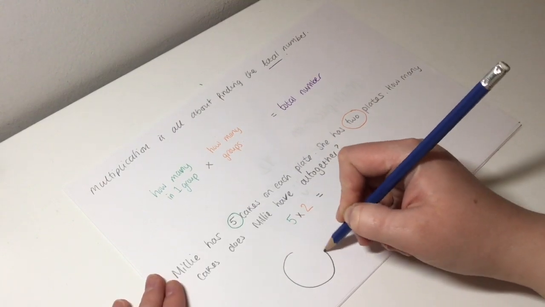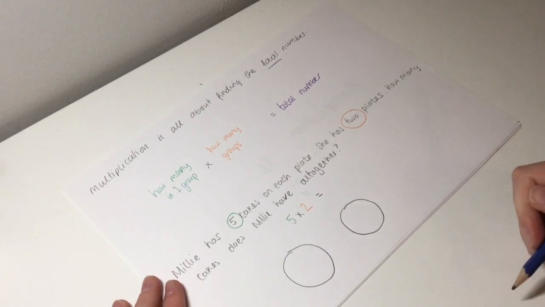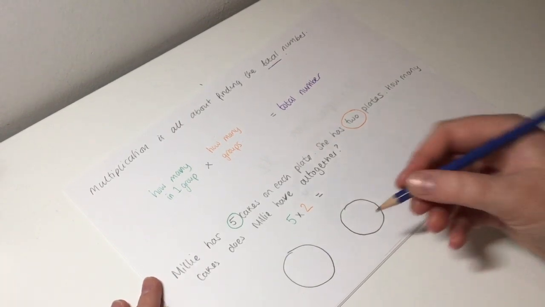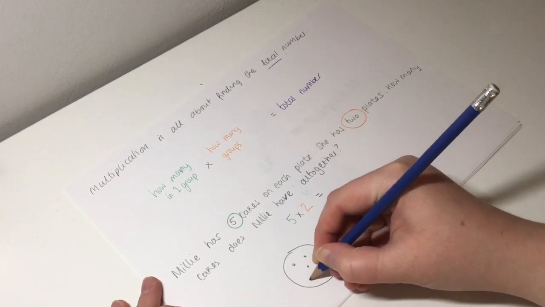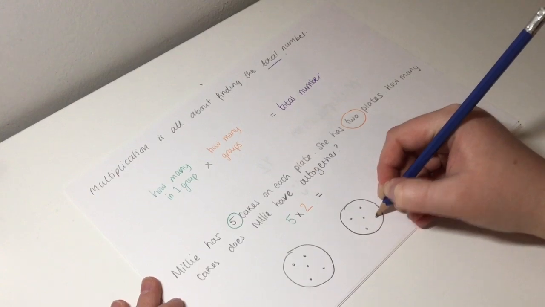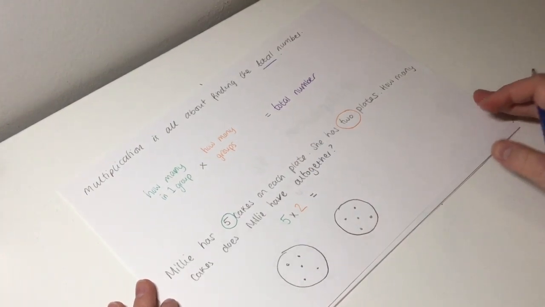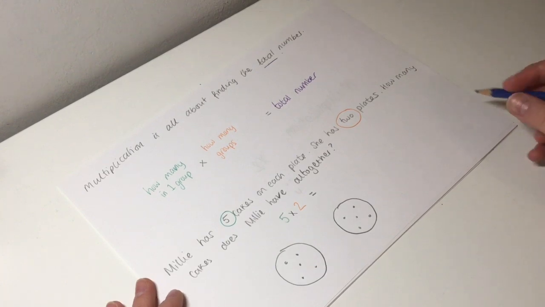Now to show my working out, I'm going to draw those 2 groups. And in those 2 groups, we're going to put 5 little dots, because that's how many are in one group. And now, the final thing we have to do is count how many dots there are, how many cakes.